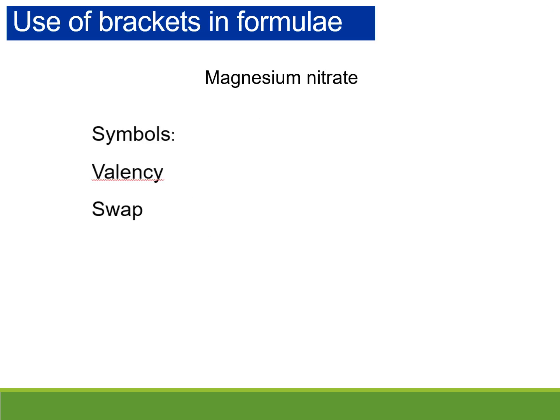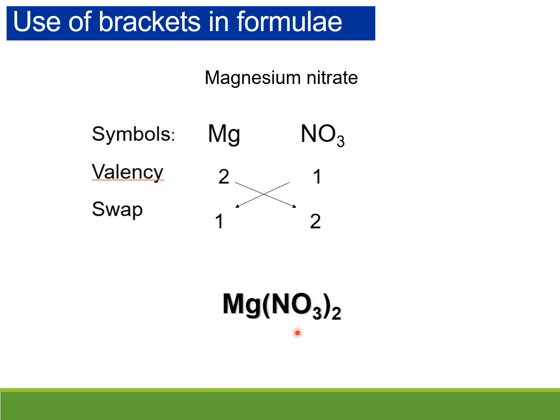If we change now to magnesium nitrate, magnesium has a valency of 2, nitrate still has a valency of 1, and we swap and drop. This time our swap and drop tells us we need 2 nitrates. This is where we have to use brackets. If we didn't use the brackets, it would look like we had 32 oxygens. And we know that we have 2 nitrates, which of course is 2 nitrogens and 6 oxygens. So therefore we use the brackets in this case.